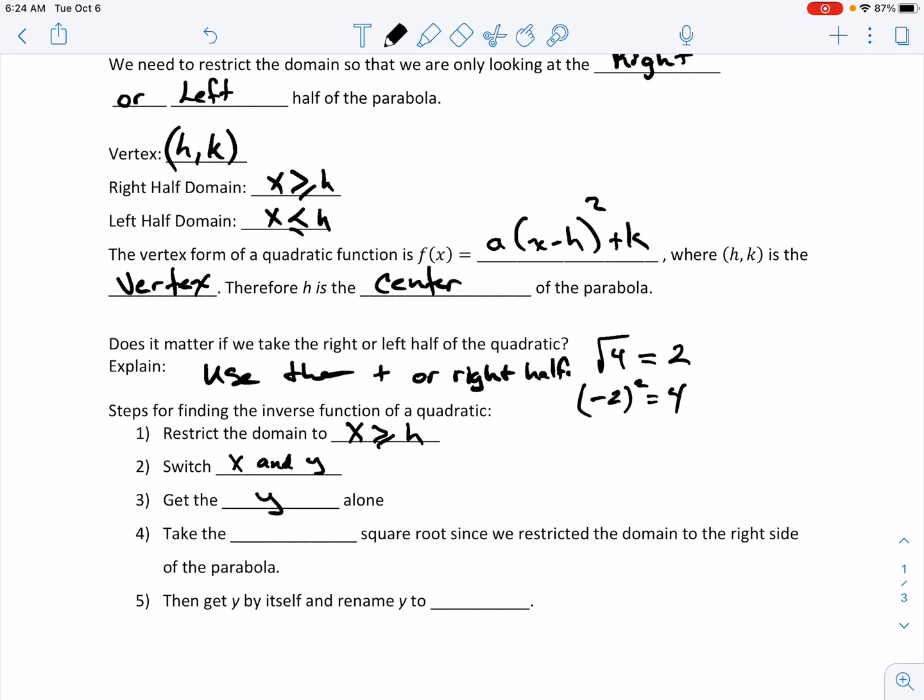We're going to get the y alone. We're going to take the square root, the positive square root. Since we restricted the domain to the right-hand side of the parabola, we get y by itself and rename y to f inverse of x.